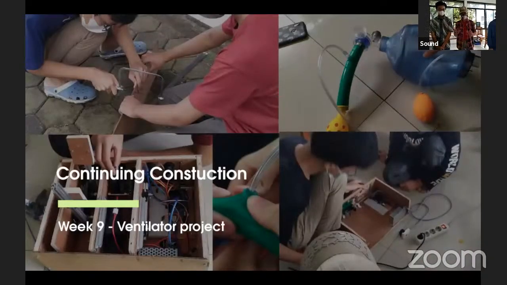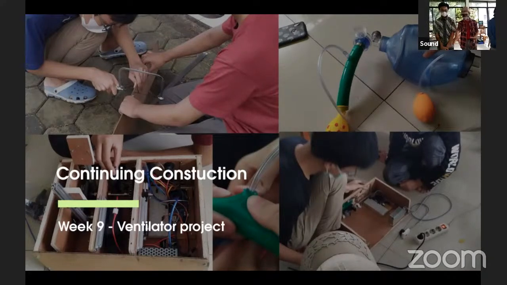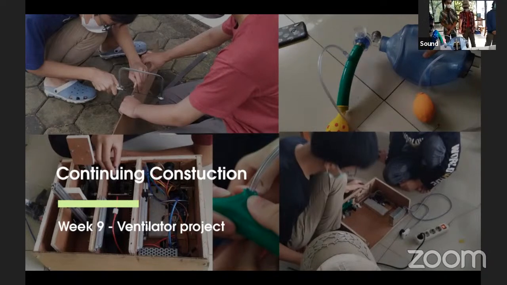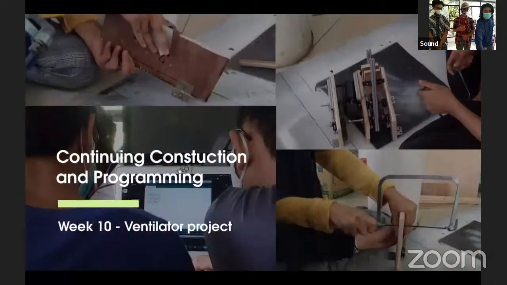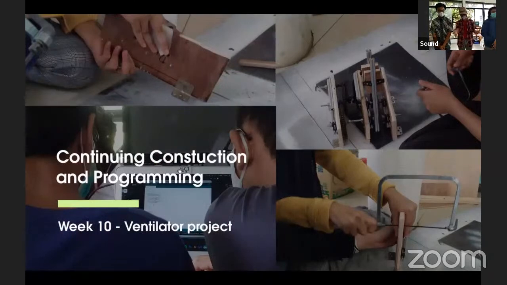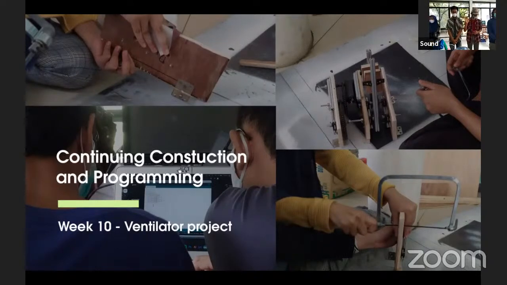By week 9, we again continued construction. By this time, for the most part, the body was done, and we were starting to put in control panels and controls, and still continued to revise the pumping mechanisms. By week 10, it was mainly refining, as almost everything had already been done.